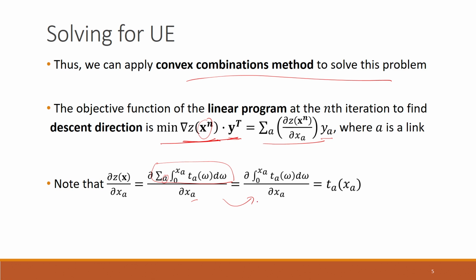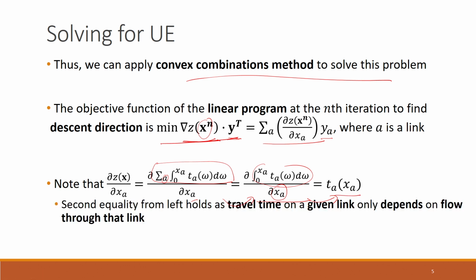So that is why there is a single term here, and then we see from the fundamental theorem of calculus that we get this when we take the partial derivative of this with respect to xa. This is the travel time function of link A when the flow through it is xa.